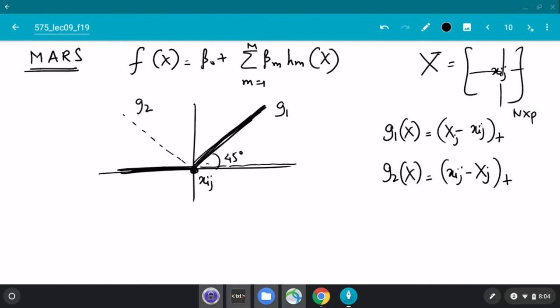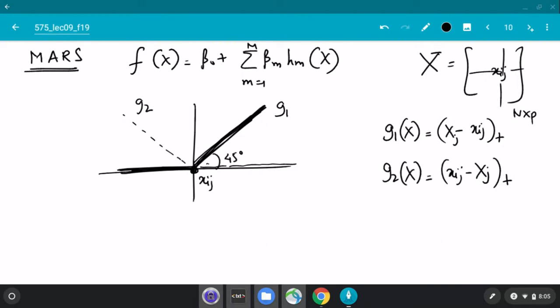These functions have this nice feature that they are zero for part of the input space and only non-zero in some other parts of the input space. So they can capture local trends in a nice manner. I'm going to repeat that pretty soon, how they capture it.